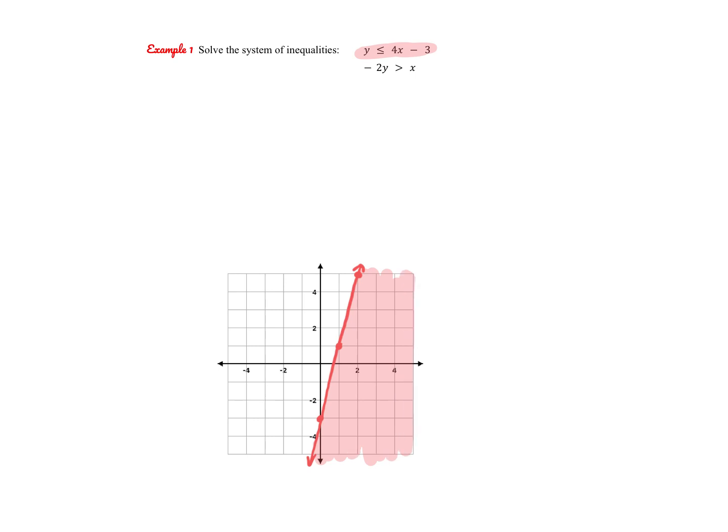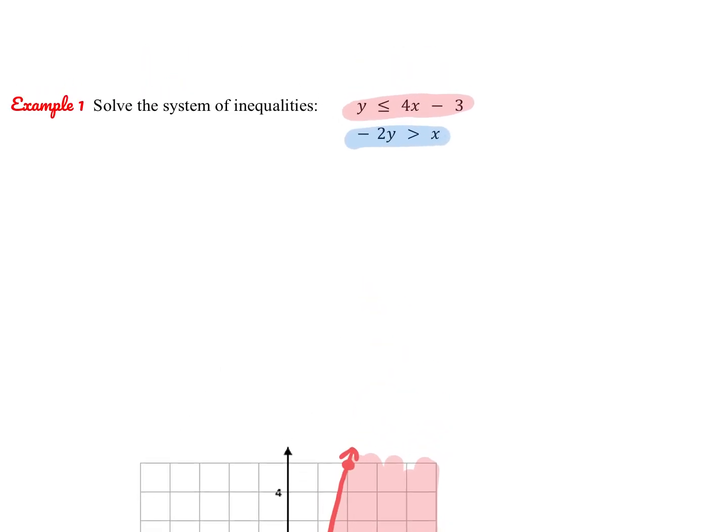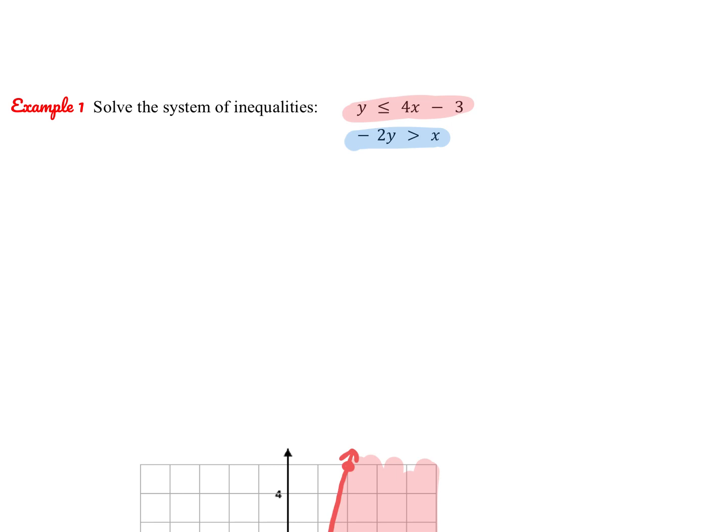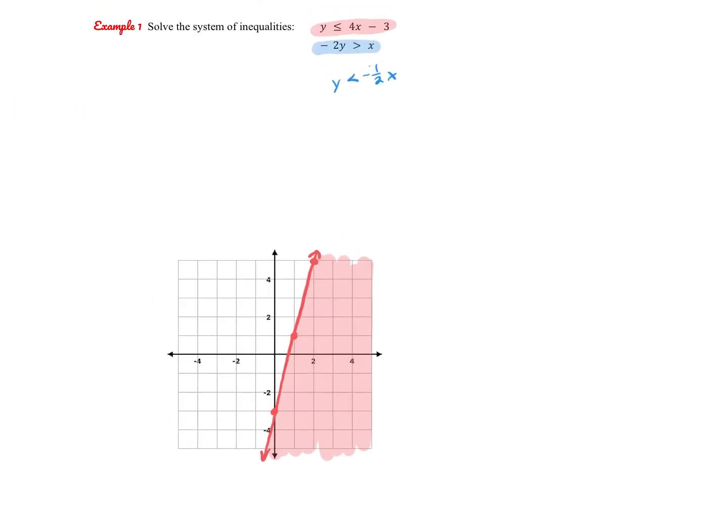Now if we look at the second inequality here, I am going to divide both sides by -2. So be careful with that. Remember, when we divide by a negative, we need to flip our inequality sign. So here we actually have y is less than -1/2 x. So this we can graph pretty easily.